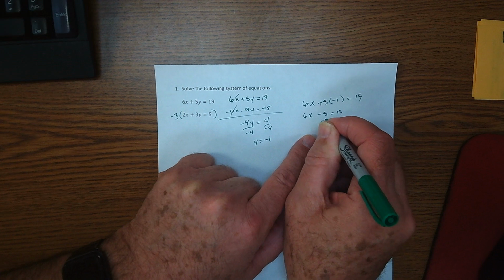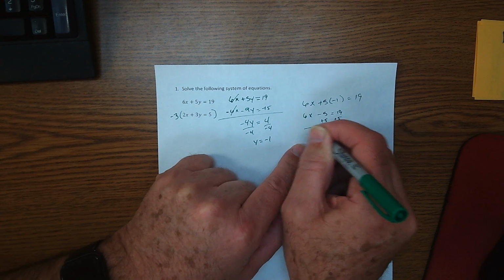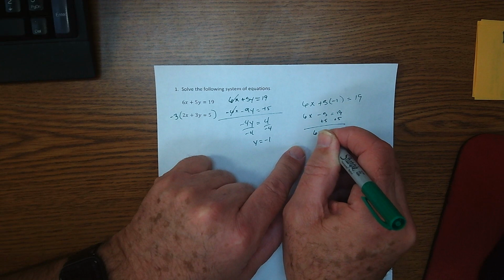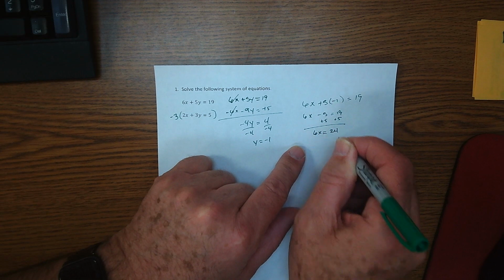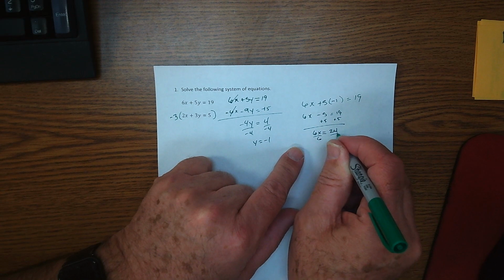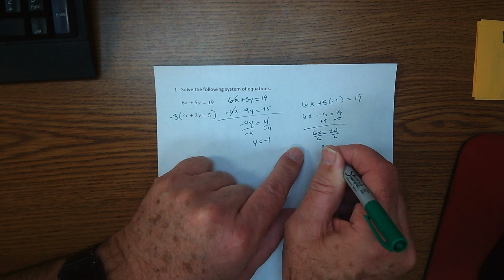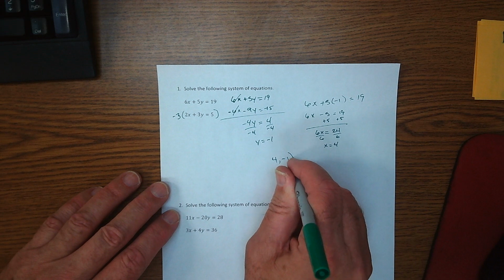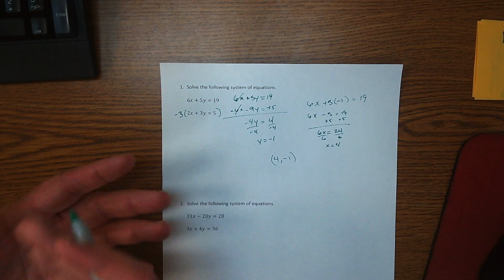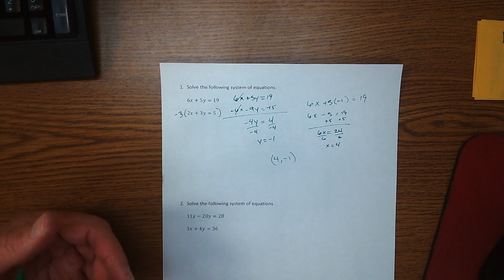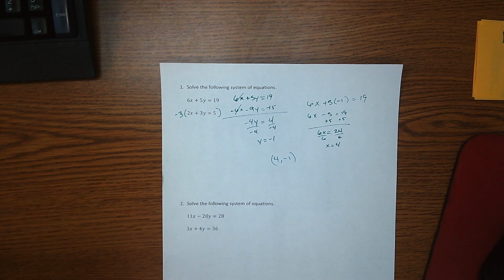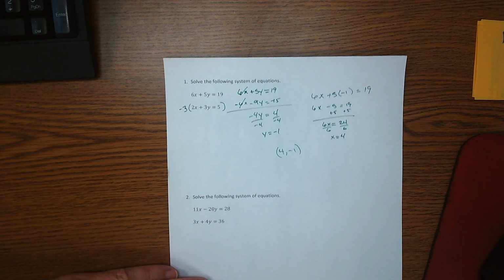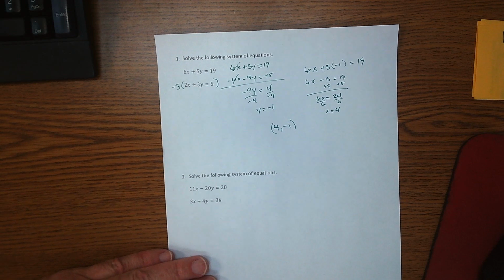Add 5 to both sides. It's 6x equals 24. So it looks like x equals 4. So I got answers of 4 and negative 1. Okay? So we can do the x, we can do the y, we can do top equation, bottom equation. Doesn't really matter where we go. We just got to find something.